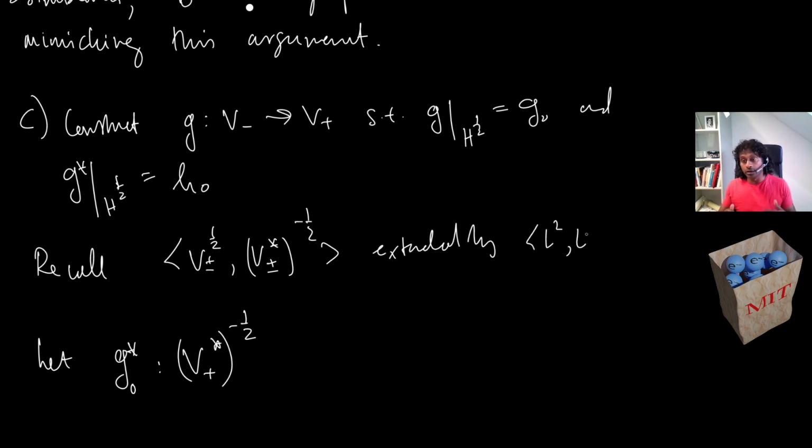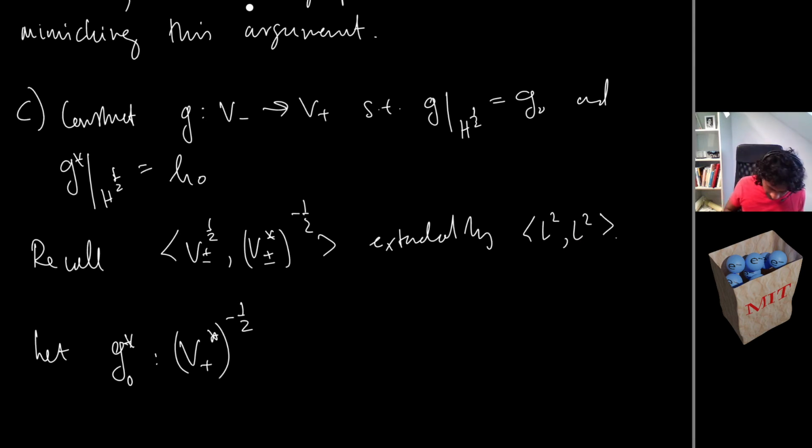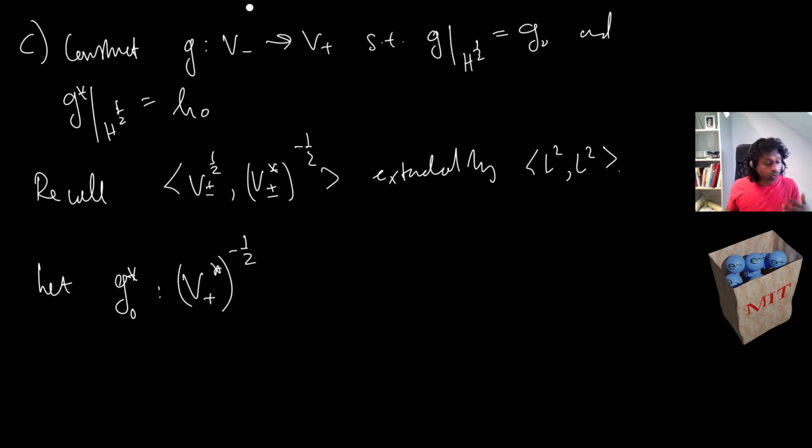So we've already seen this in a previous lemma. So now I want this to be the adjoint map at the level of H minus a half. So this maps from V star minus a half to V minus star minus a half.